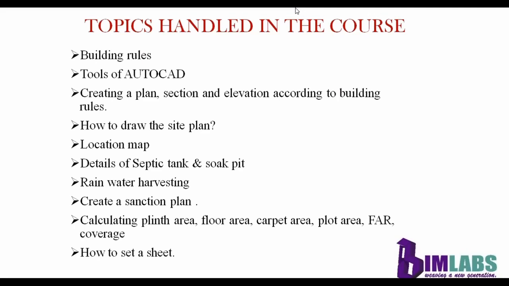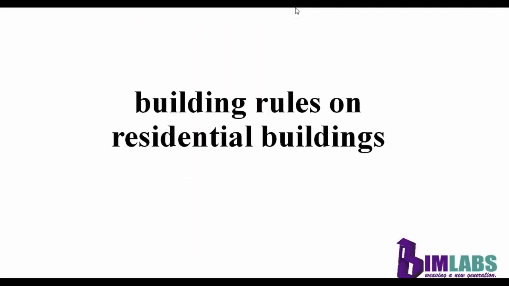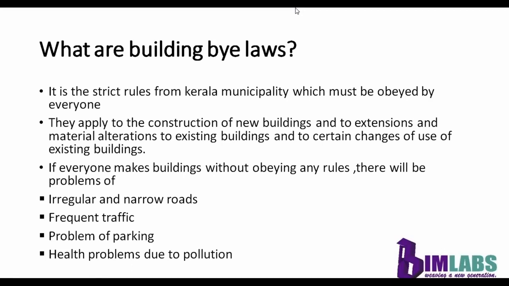To set all these things in a sheet, first of all, we are going to look at the building rules for a residential building. What are building bylaws? They are the minimum provisions designed from the National Building Code by town planning authorities in order to protect the inmates, neighbors, and the public passing by the side of the building against fire accidents, structural failures, and insanitary conditions.